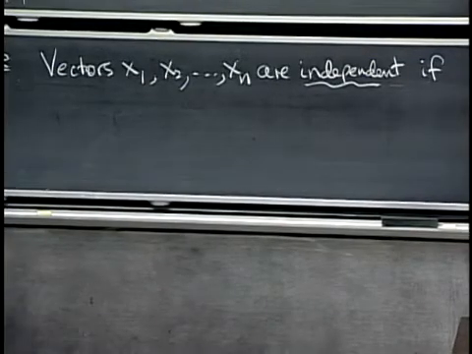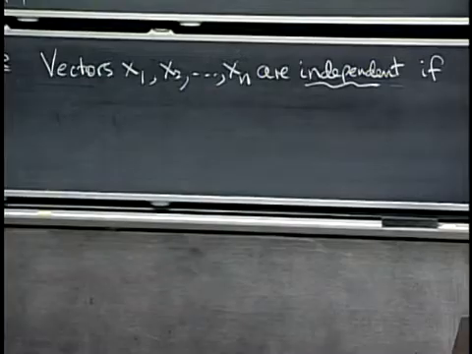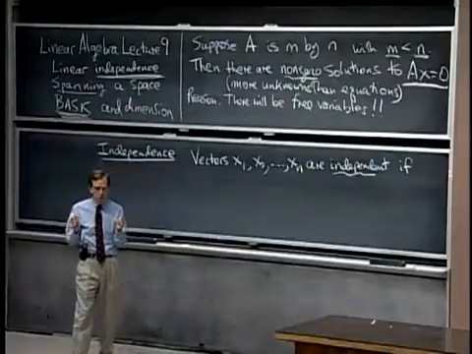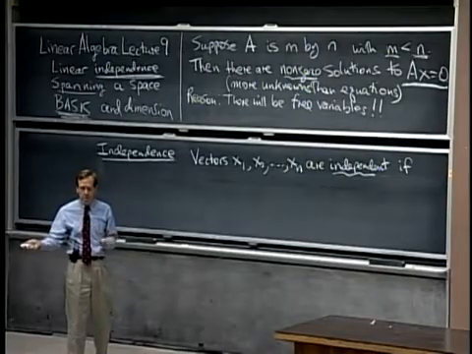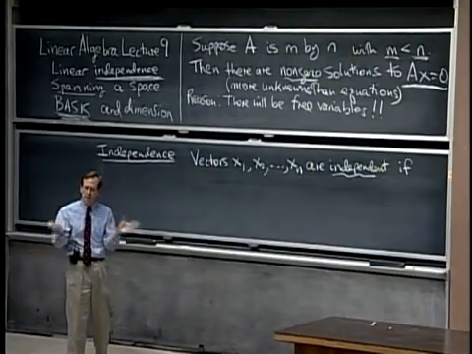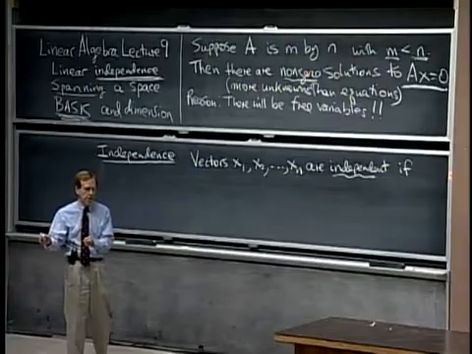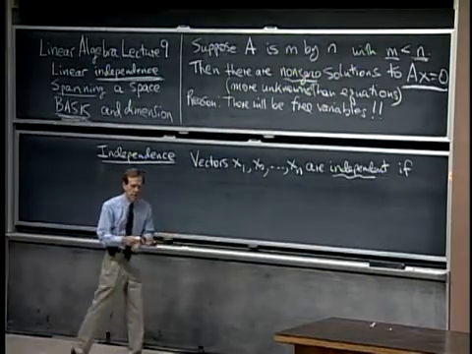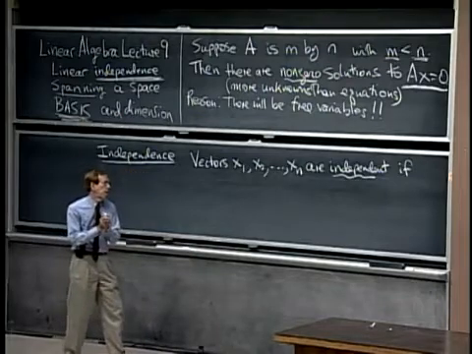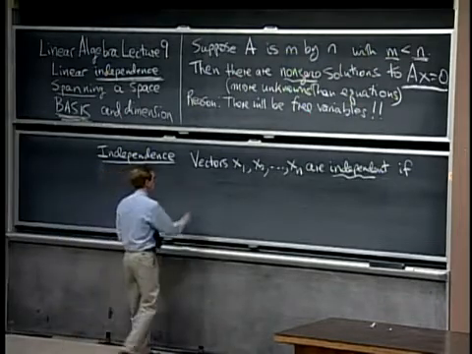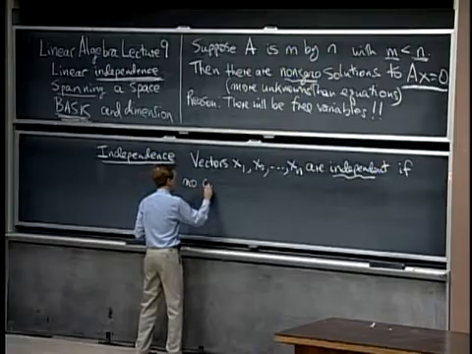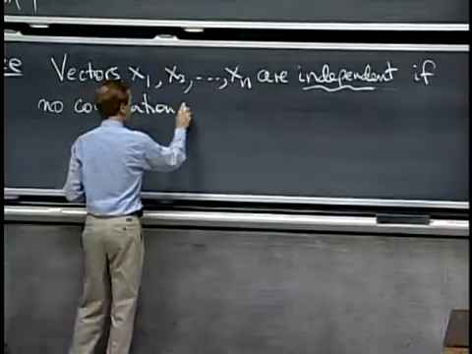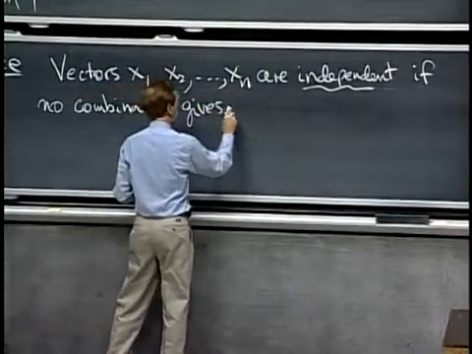These are just vectors in some vector space. I can take combinations of them. The question is, do any combinations give 0? If some combination of those vectors gives the 0 vector, other than the combination of all zeros, then they're dependent. They're independent if no combination gives the 0 vector.